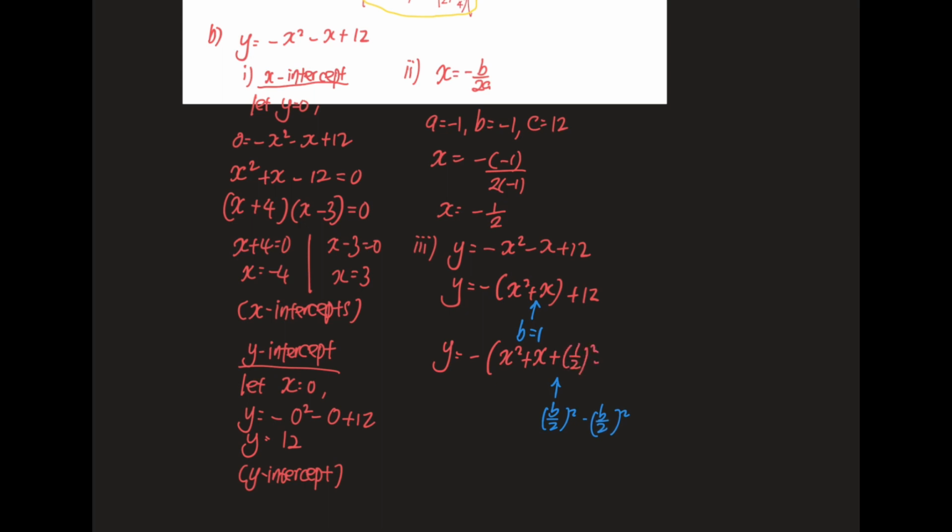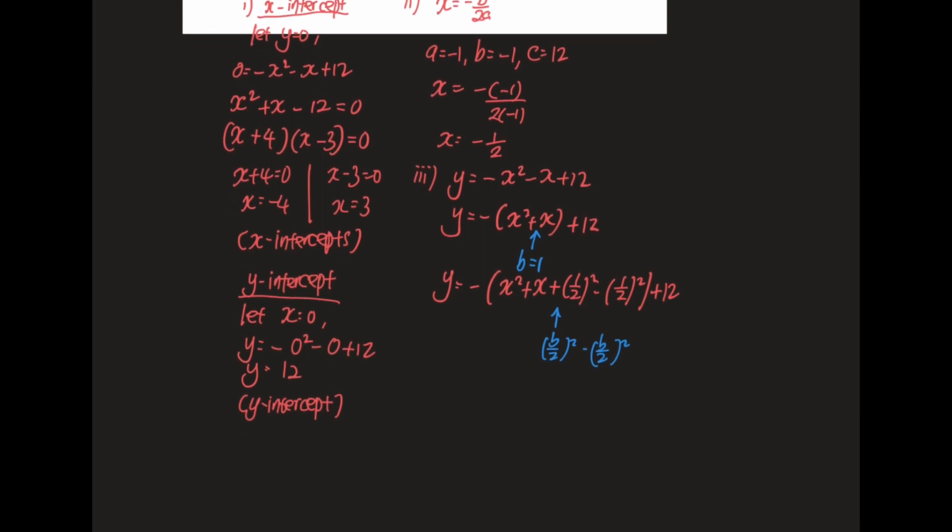Okay, so the b is 1. So 1 over 2 squared, minus 1 over 2 squared, plus 12. Okay, then let's simplify it. x squared plus x plus.